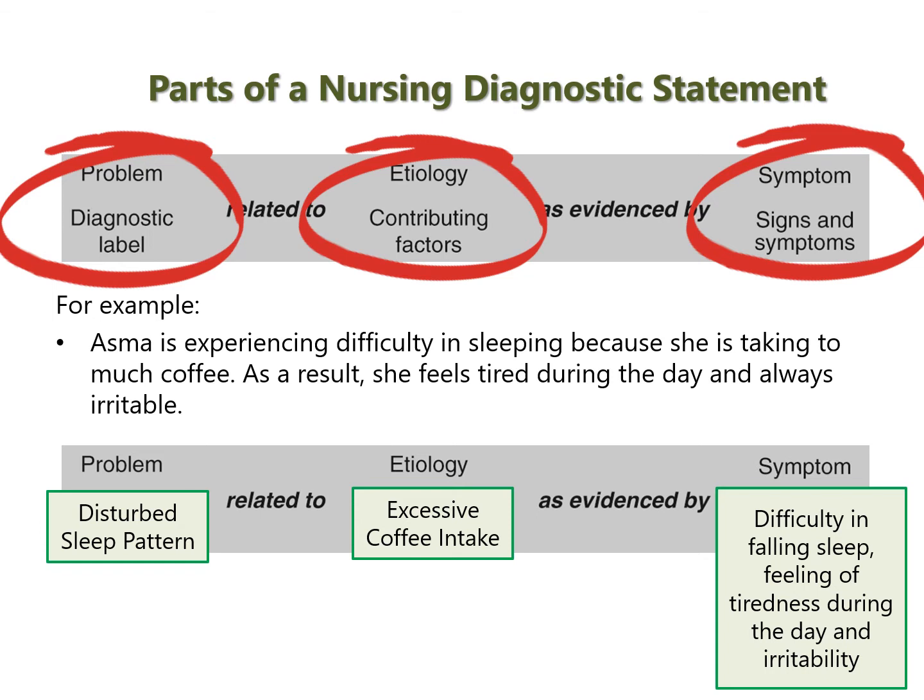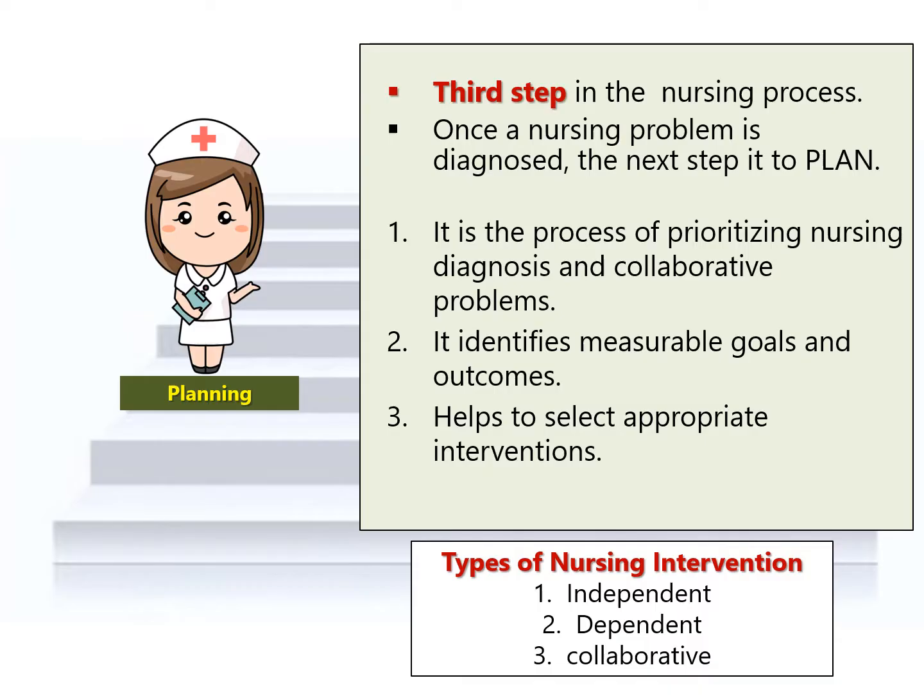Related to the etiology, which is excessive caffeine intake. So your statement will be like this: disturbed sleep pattern related to excessive caffeine intake as evidenced by difficulty in sleeping, feeling of tiredness during the day, and irritability. Okay, so the third step in our nursing process is planning.